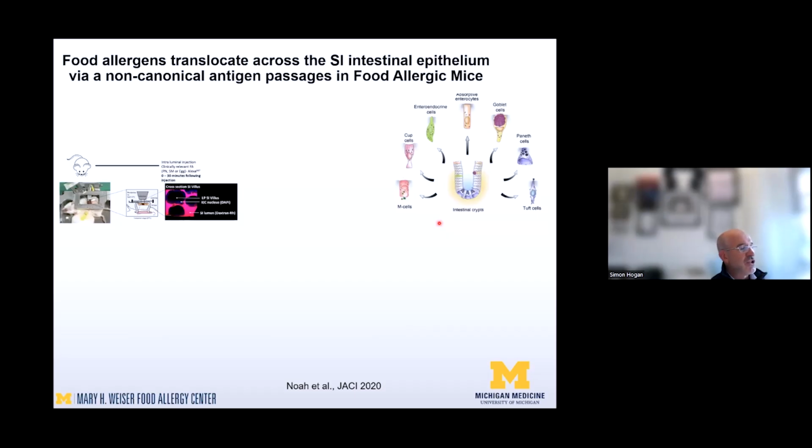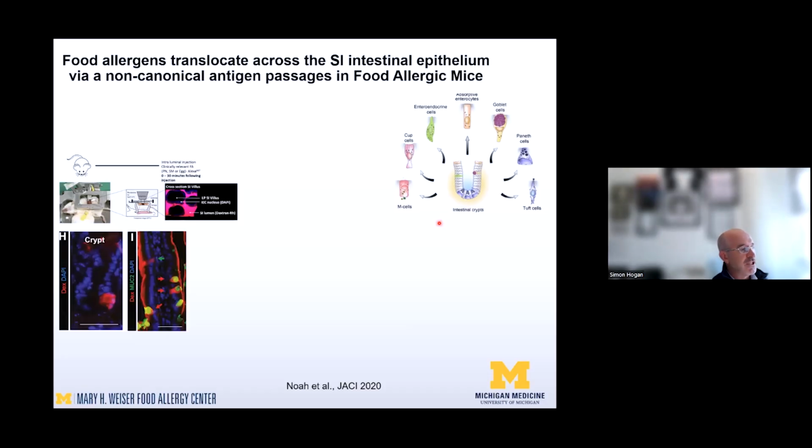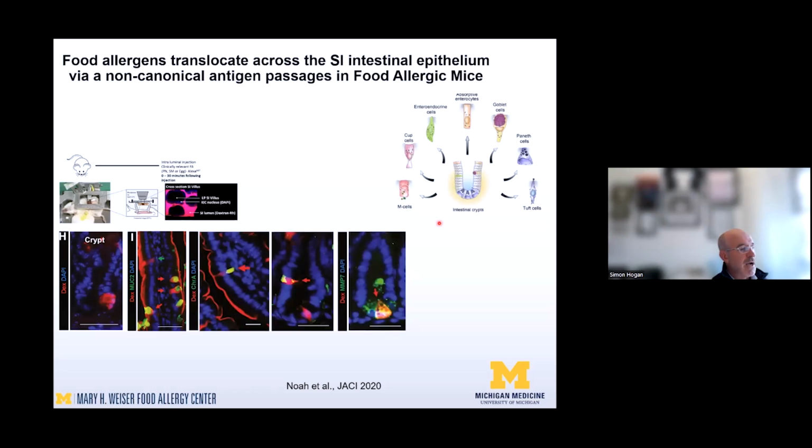We then asked, well, we knew that goblet cells contributed to antigen passages in a homeostatic state. What happens in the food allergic state? Essentially we saw that not only does the frequency of antigen passages change, but also the landscape and the populations that contribute to the antigen passage change.